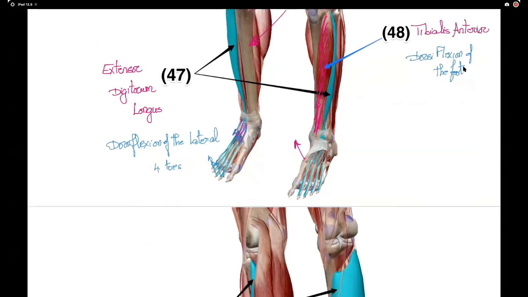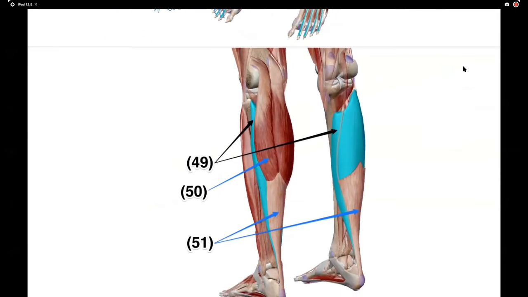You remember here, the posterior compartment of the leg, they have a deep muscle and a superficial muscle. What did we call this deep muscle on here? Number 49. What do you think?